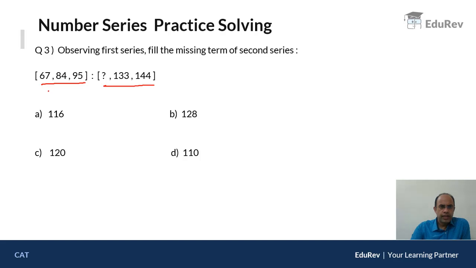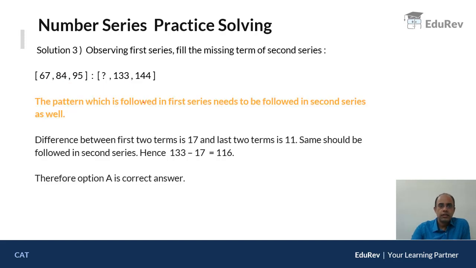Now 67 plus 17 is 84 and 84 plus 11 is 95. The same pattern should be followed here. Let us observe here it is plus 11. That means it is following the same pattern. Here the difference should be plus 17. Now, to what number if I add 17 do I get 133? That is 116. Hence 116 is the answer.